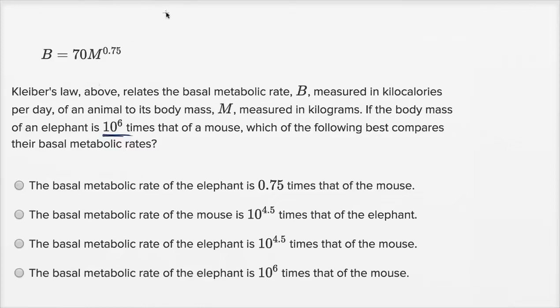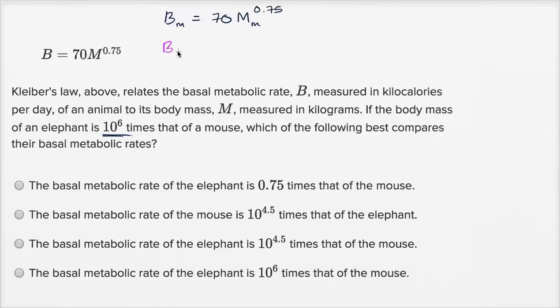So let's just say B sub lowercase m, the basal metabolic rate of a mouse, is going to be equal to 70 times the body mass of a mouse, that's why I wrote the subscript lowercase m for mouse, to the 0.75. Now, based on that, what's going to be the basal metabolic rate of an elephant?